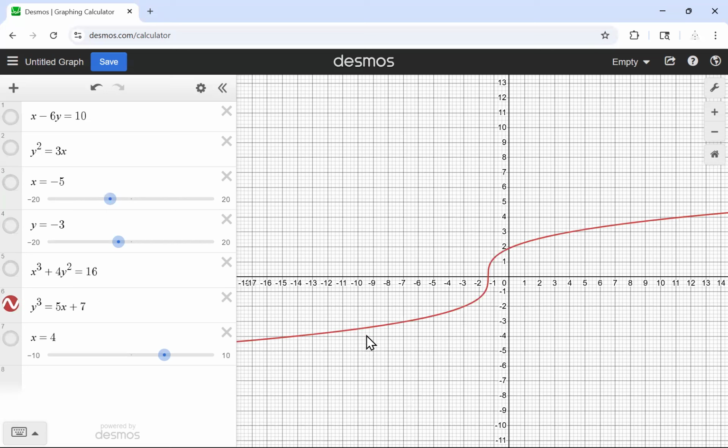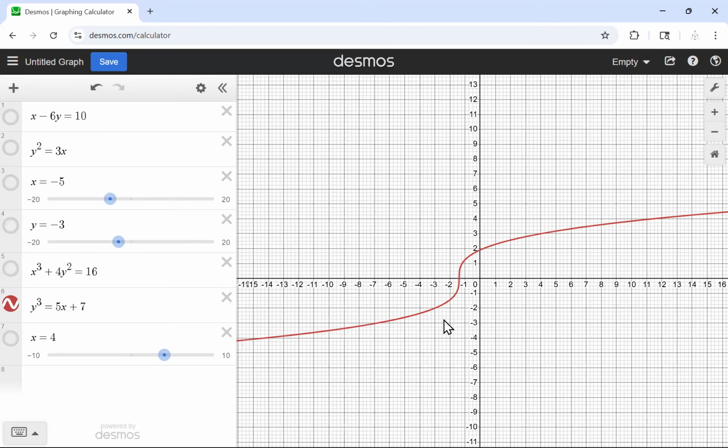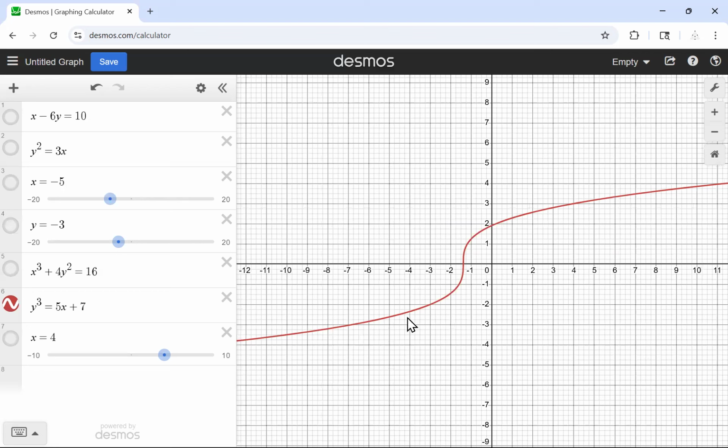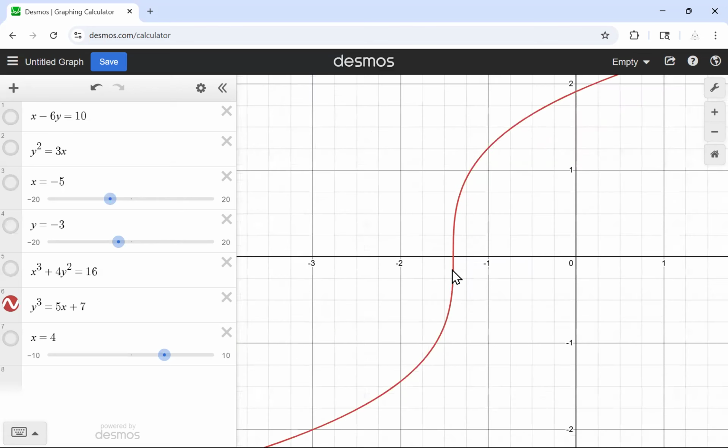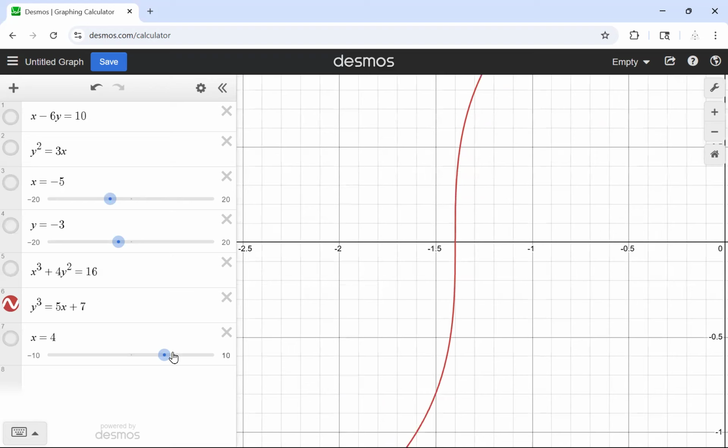How about y to the third equals 5x plus 7? If I graph it, I get this shape. It might look like this goes kind of vertical, but if you zoom in enough, you'll see that you never quite get perfectly vertical.